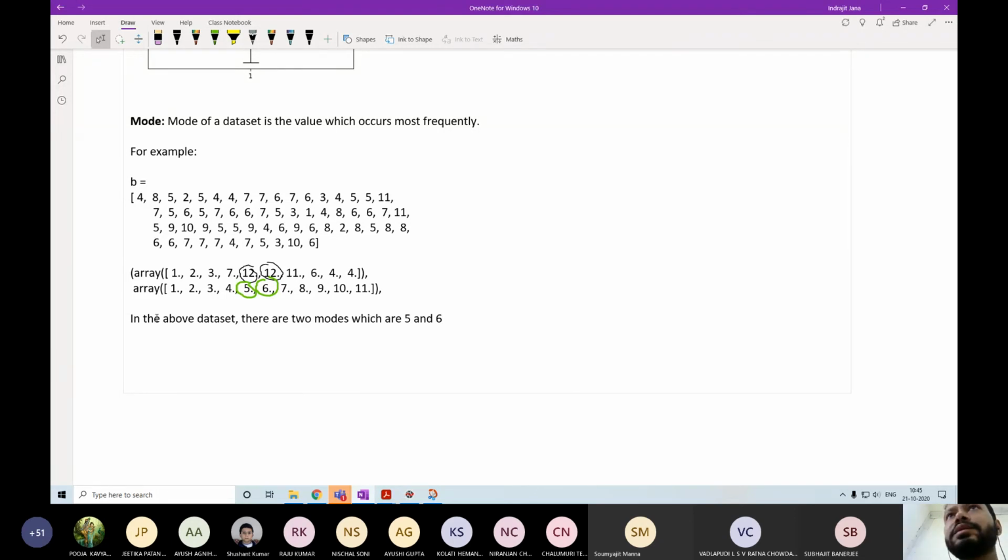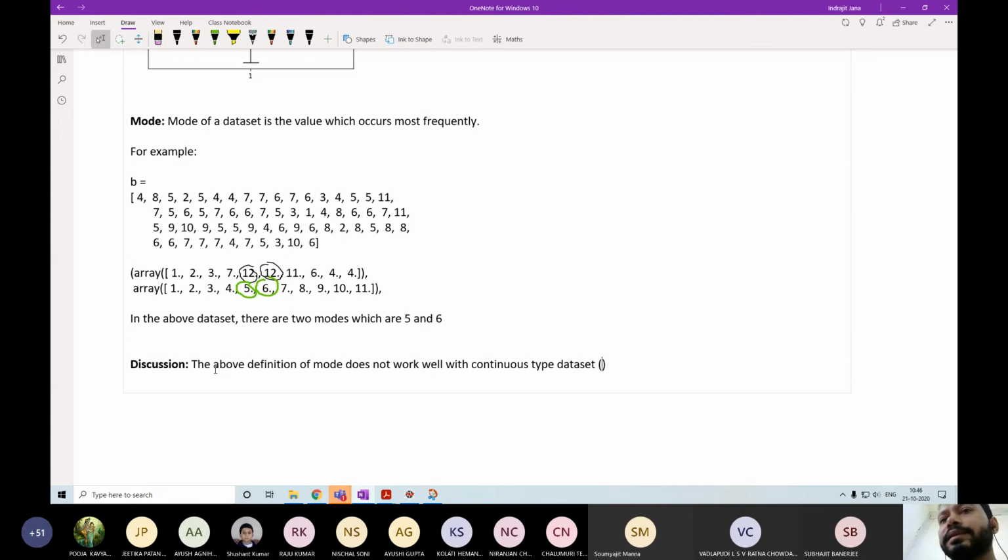And finally, I'd like to say one more thing. The definition of mode, which I said is the value which occurs most frequently, does not work well with continuous type datasets.